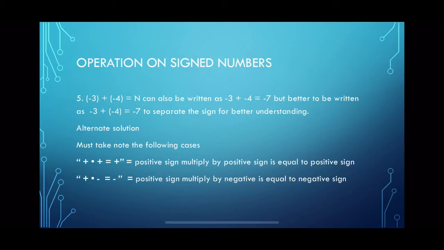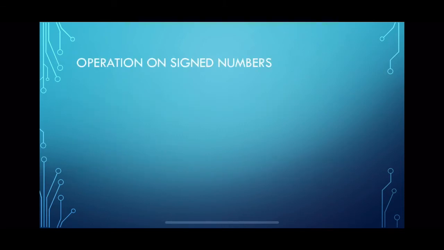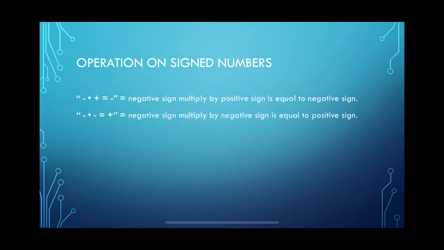Positive sign multiplied by negative sign is equal to negative sign. Negative sign multiplied by positive sign is equal to negative sign. So negative multiplied by negative is equal to positive.